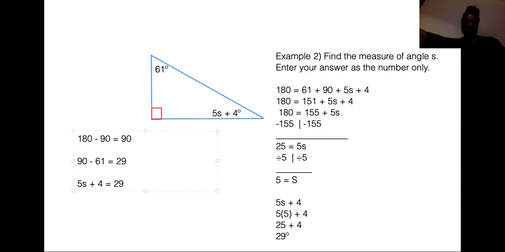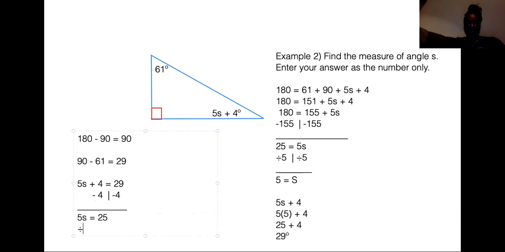Now, if we wanted to know what s is, we would take 29 and say that 29 is equal to 5s plus 4, because it is. And then we could solve for s that way. Either way, we would get the same answer no matter which way we did it. All right, 5s equals 25.